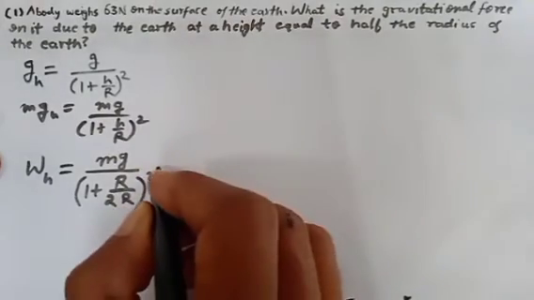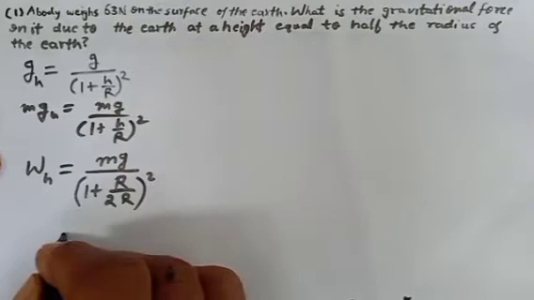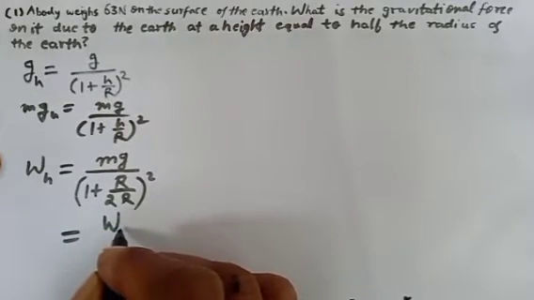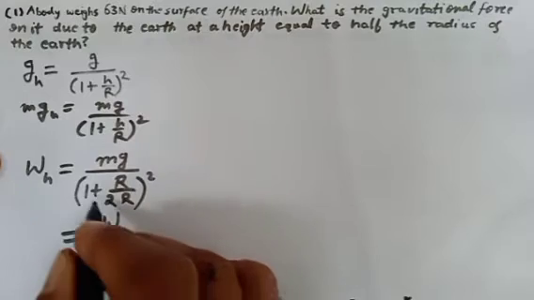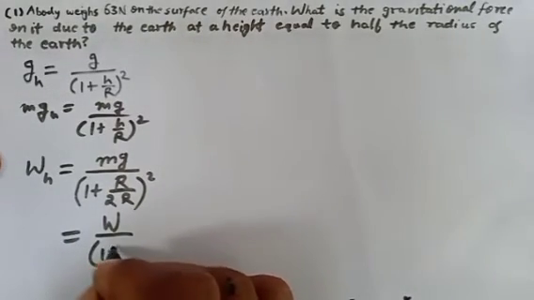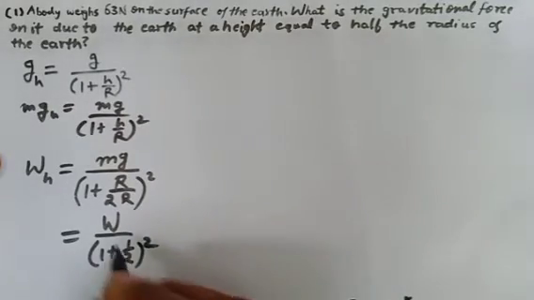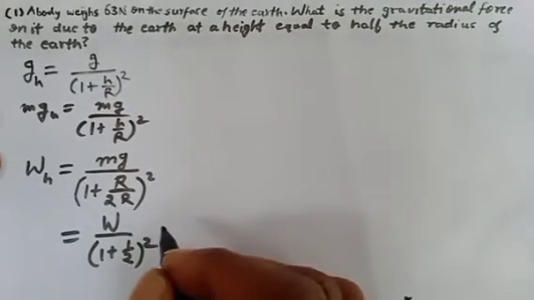R will get cancelled, so it will be W_h, weight on the surface of earth upon 1 plus 1 by 2 square, it is (3 by 2) square.